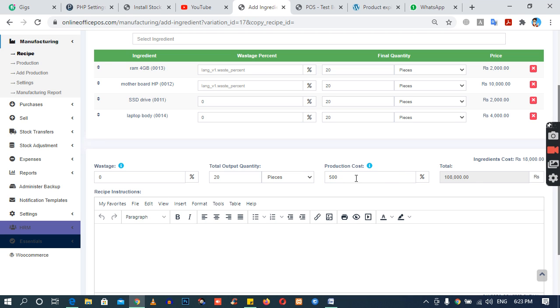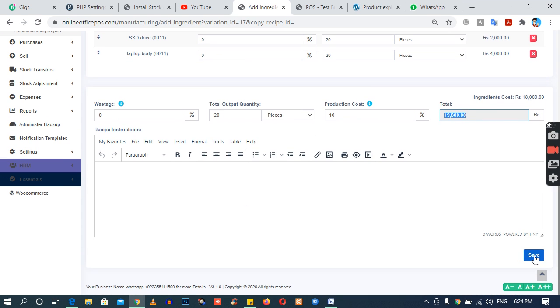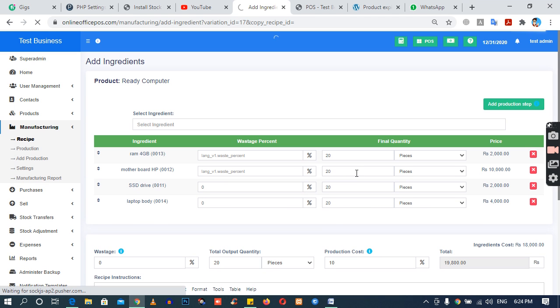The production cost in percentage, you can add, for example, 10%. This is the production cost. Okay, the 10%, for example, you can calculate in a percentage. We can also do it in a custom job if you need it. Okay, for example, this is the total production and we save it. So we have ready our first recipe.